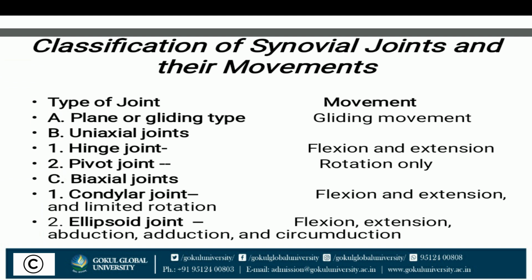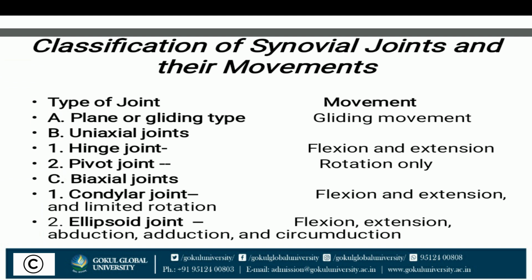Classification of synovial joints and their movements. Type of joint: plane or gliding movement. Uniaxial joint, hinge joint, its movement will be flexion and extension. Pivot joint, rotation only. Biaxial joint, condylar joint and limited rotation, flexion and extension.